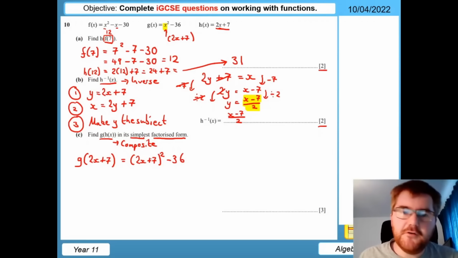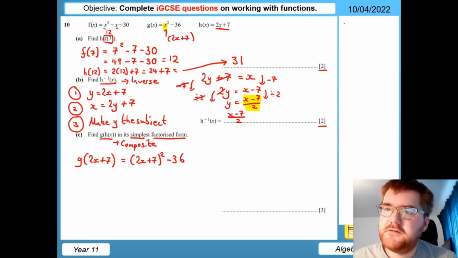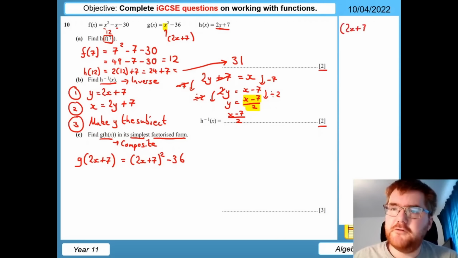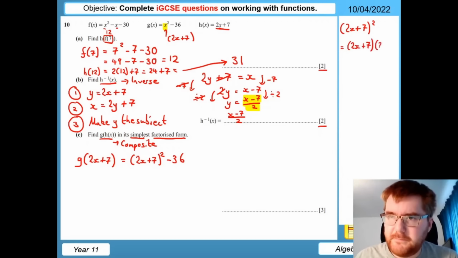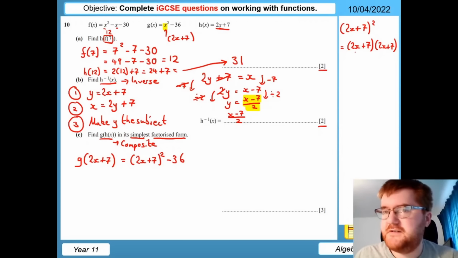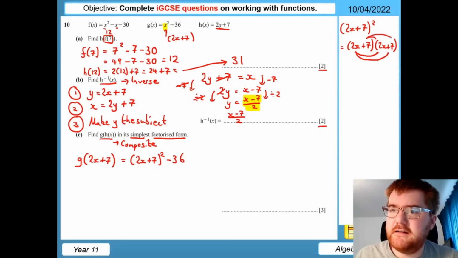So remember, if you've got a bracket squared, so 2x plus 7 all squared, this is the same as saying 2x plus 7 multiplied by itself. And as soon as you've got double brackets, you know what's coming. We're going to use FOIL. So remember, FOIL is first, outside, inside, last.